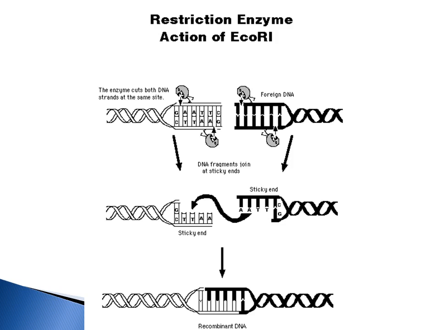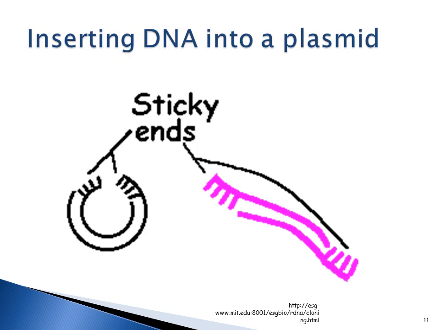So then what you can do is you could take your plasmid that's been cut and you take your gene that's now been cut out of your genomic DNA, and you could combine them together. So here it is again, just showing your plasmid that's been cut, and it has now sticky ends, and your gene of interest, double-stranded, that's now been cut and has the homologous sticky ends that can then be put together.